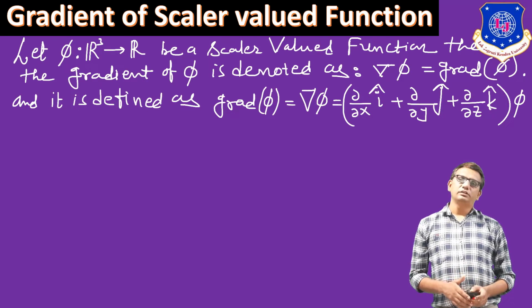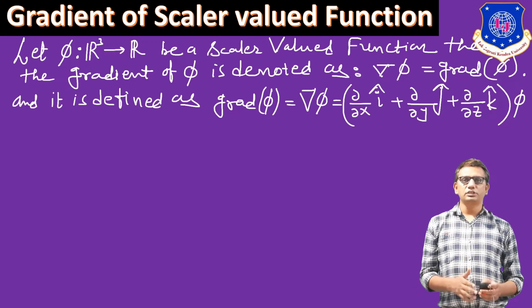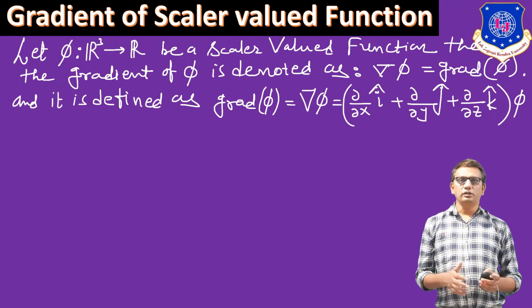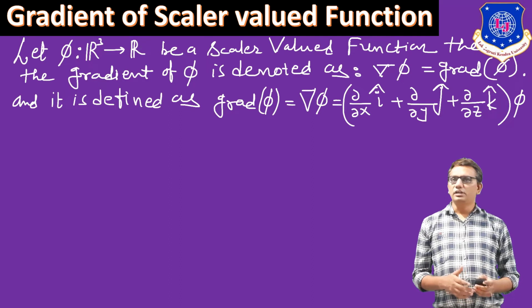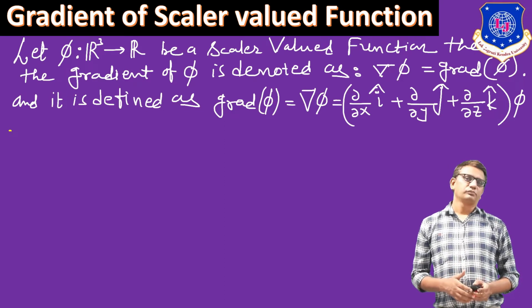Now we will understand the geometrical concept of the gradient for a particular function phi of x, y, z equal to k. If we take phi of x, y, z equal to some constant, then it is an equation in three variables, and it represents a surface in R cube.